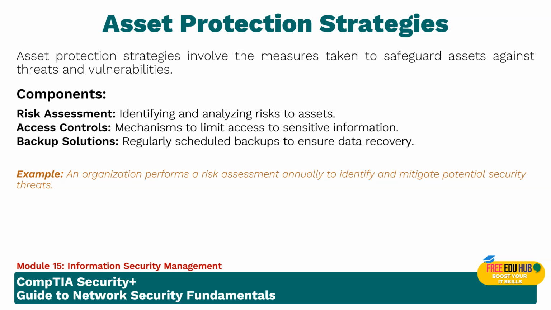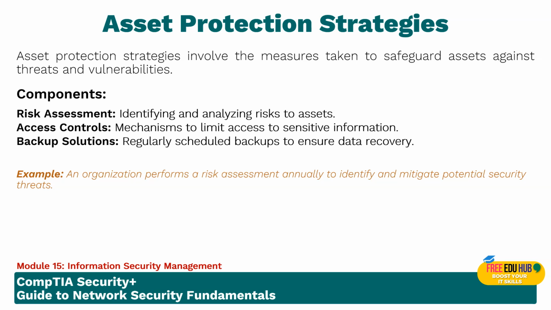Discussing the asset protection strategies involves looking into the proactive measures the organization would take to guard against the threats and vulnerabilities. This would include conducting detailed risk assessments to understand the potential threats, implementing stringent access controls to prevent unauthorized access, and establishing robust backup solutions to recover data in case of loss or breach.